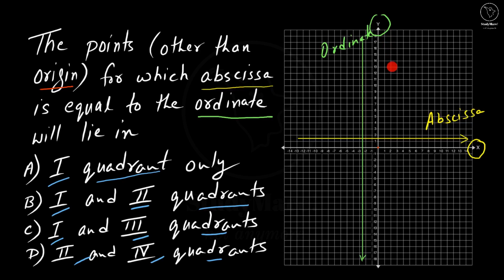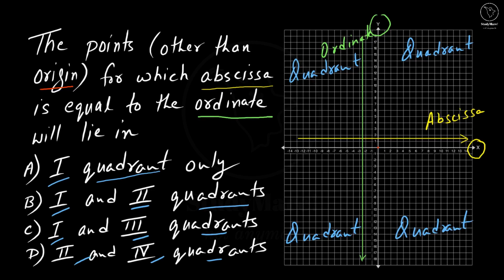If you see, this is your first section, this is your another section, this is your another section, and this is your another section. Every section is a quadrant. So this is a quadrant, this is a quadrant, this is also a quadrant, and this is also a quadrant.